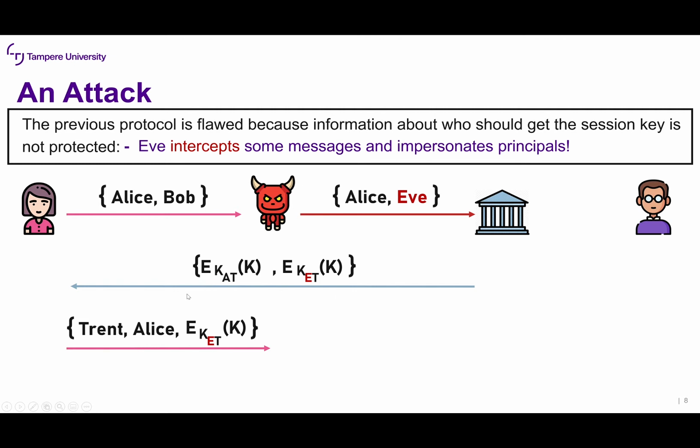Eve intercepts the message. She knows how to decrypt the part that contains the session key because she knows KET, and that's it.